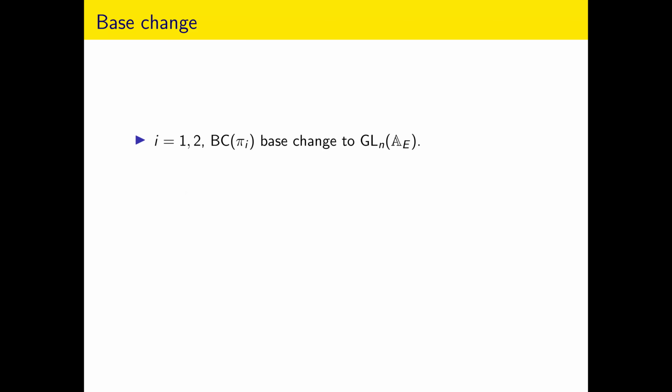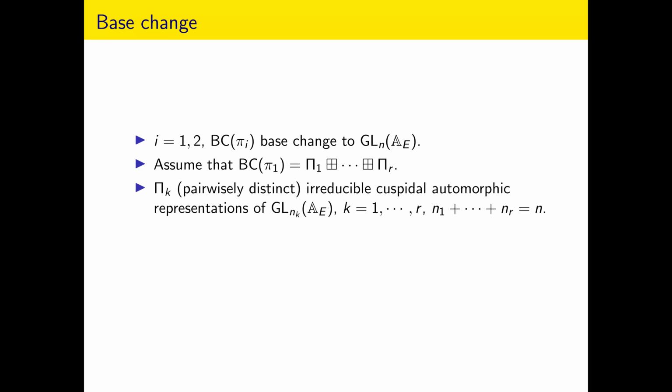So now I can introduce the L-functions. I'm not trying to explain the base change, but to state some assumptions on base change. We had cuspidal automorphic representations pi1 and pi2 of the unitary group, and we can speak of their base change to GL_n over the quadratic field. We're going to make the assumption that this base change is an isobaric sum of cuspidal representations of GL_n, capital pi_1 isobaric sum through capital pi_r, and the assumption is that they are pairwise distinct, irreducible cuspidal automorphic representations.